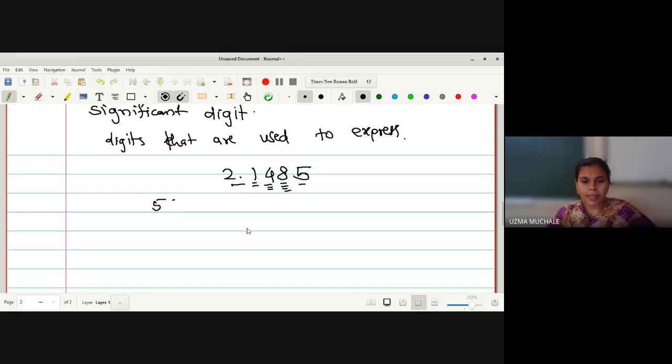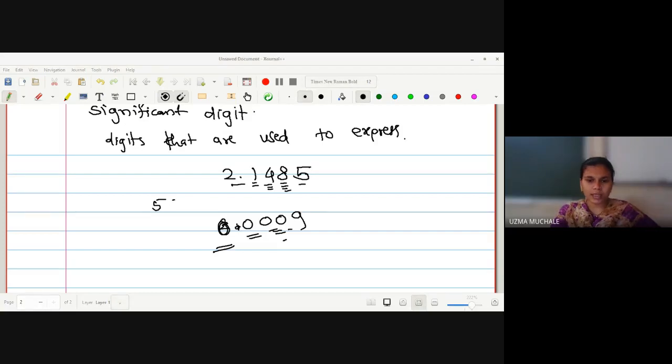Now, in another way, suppose the number is like this, say 0.0009. So how many significant digits? Now here, in the case of significant digits, we are not going to count the zeros. Whenever you have 0.000 after the decimal, as in 0.0009, at that time we count only the 9. So how many significant digits does it have?